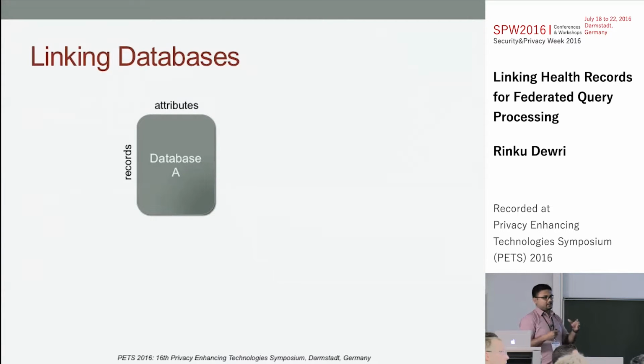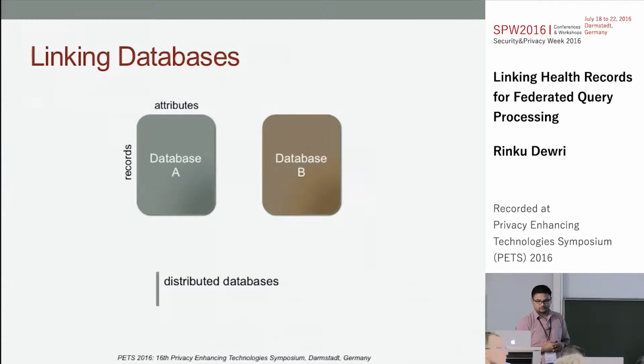The application scenario we were looking at was health records. Attributes could be related to the medical condition of an individual, and part of the attributes would be demographic data: name and identifiers like social security numbers or address, and so on.